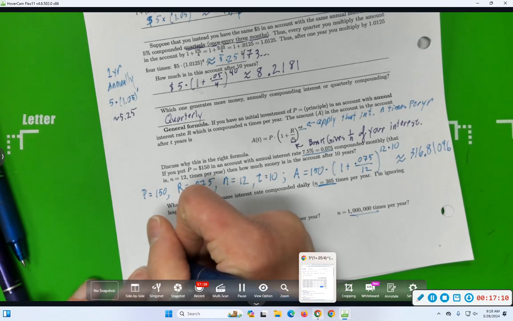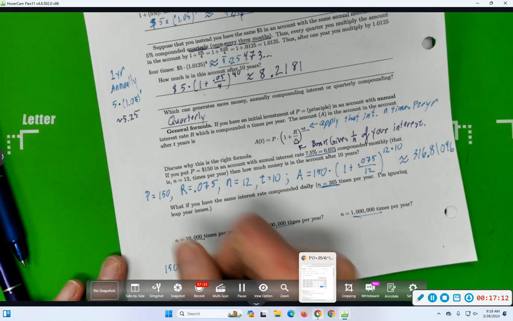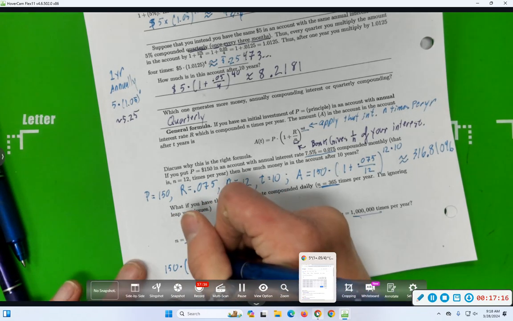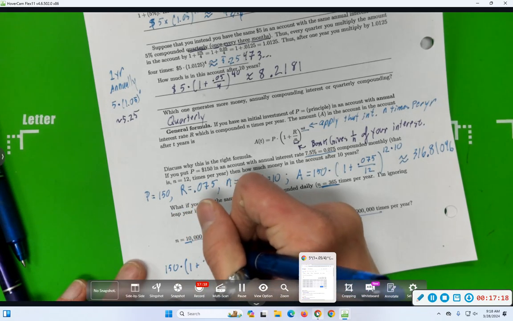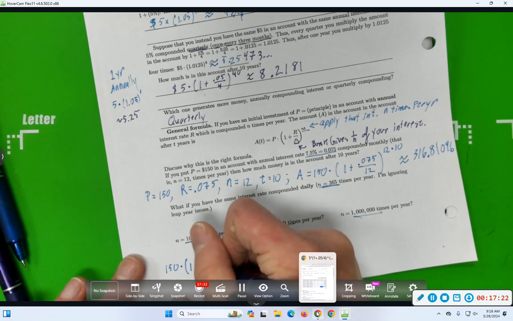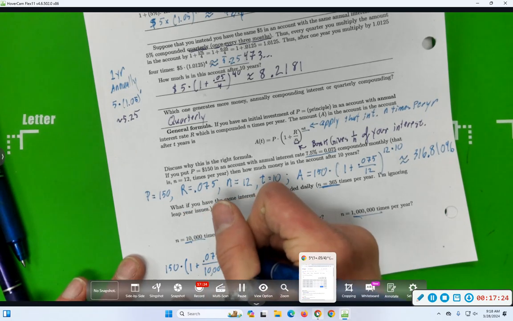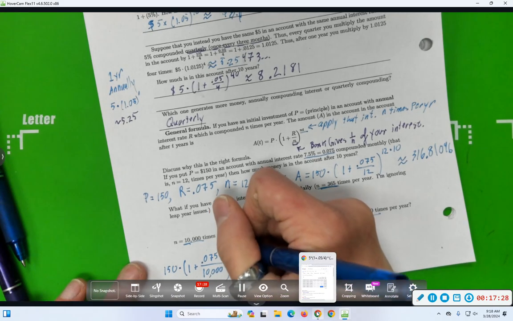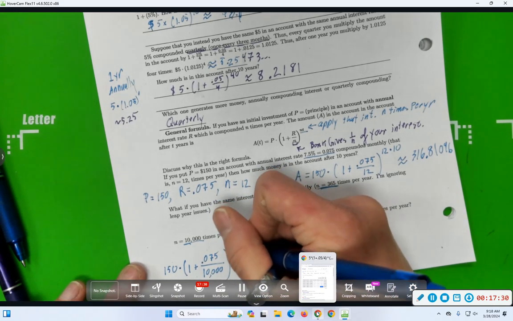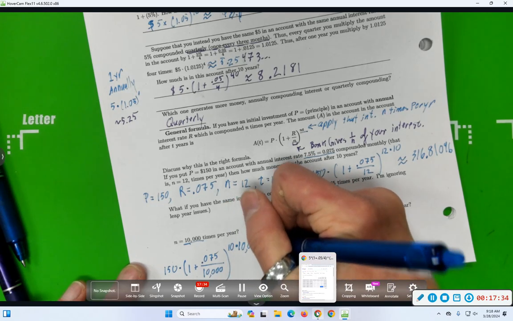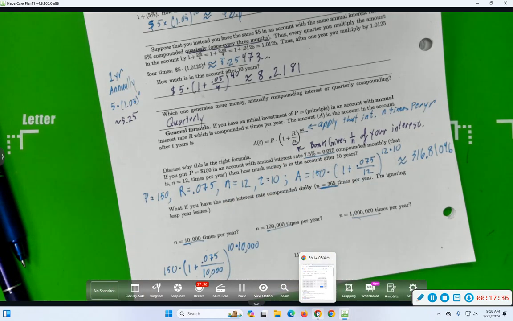So, I'll have my initial investment of 150 times 1 plus 0.075 divided by 1 followed by 4 zeros. I want to wait the same amount of time, 10 years, times 10,000.